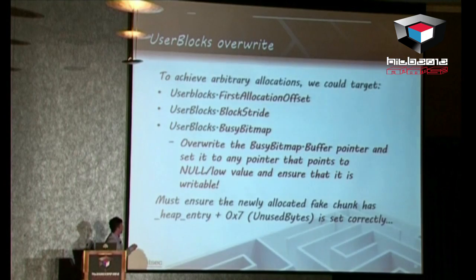But when I was testing, I noticed that the busy bitmap pointer has to be writable, obviously, because it needs to update the bitmap. And in my test case, null proved to work really well, because when you multiply 0 with the block stride, it gives us nothing. So we can just control the arbitrary allocation based on the first allocation offset, which made it easier when I was doing the testing.